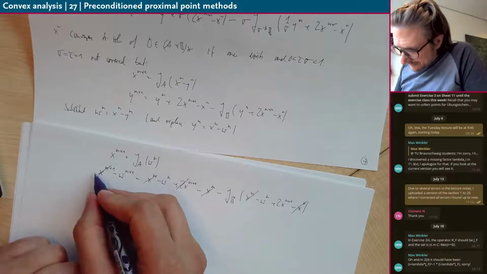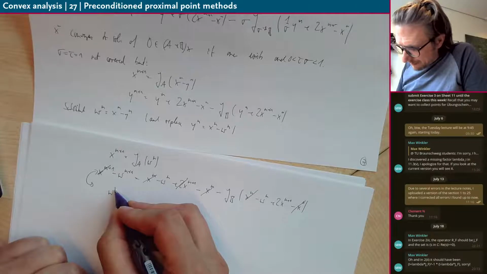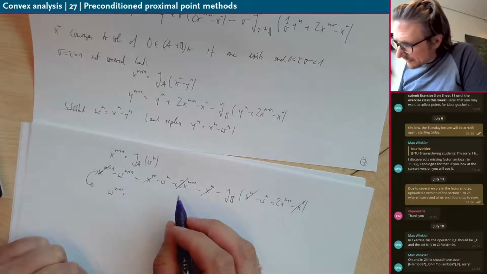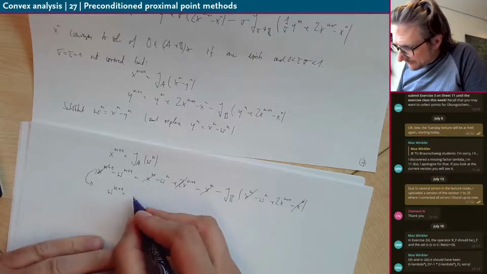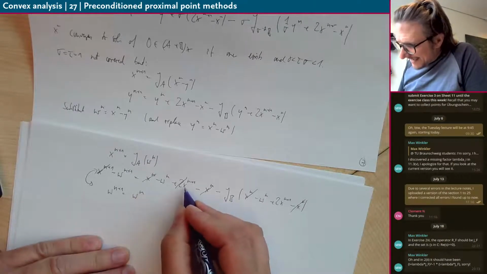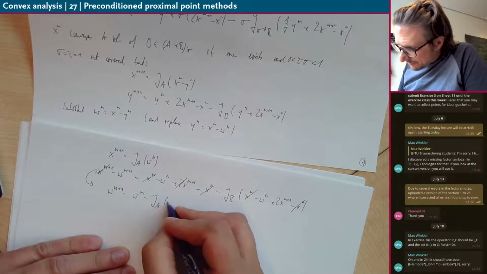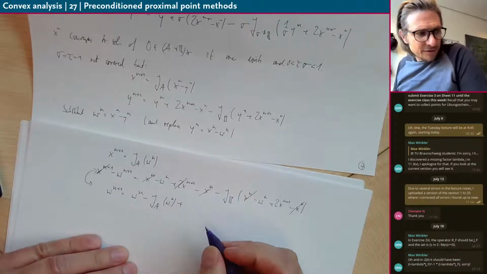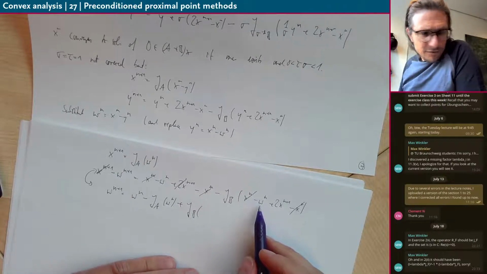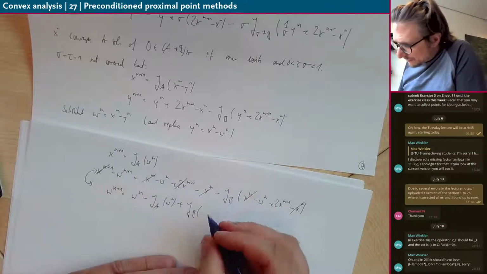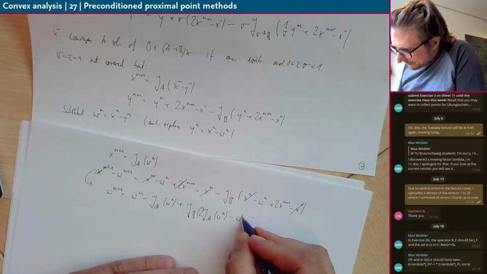Now for the second equality we just multiply by minus 1, so both signs flip. w n plus 1 is equal to w n, minus J of A of w n, plus the resolvent of B of 2 times x n plus 1, where x n plus 1 is J A of w n. So 2 times this minus w n.